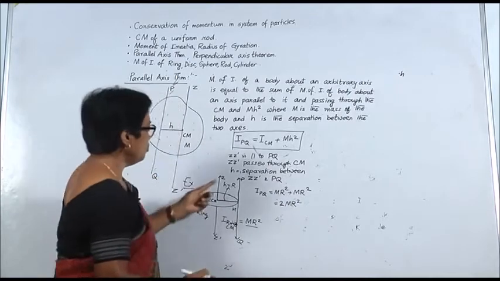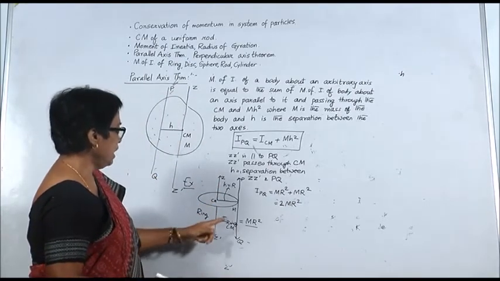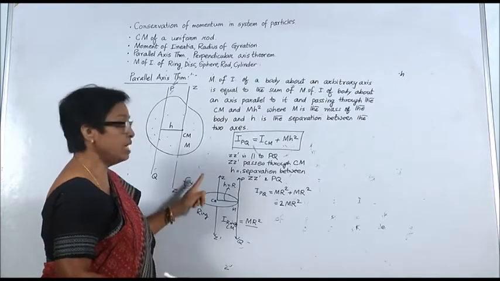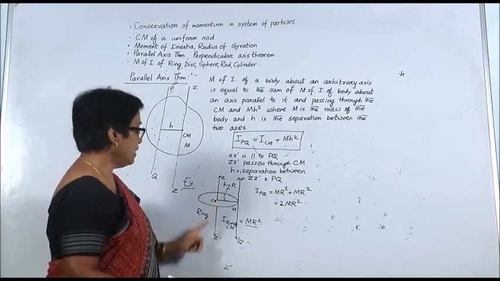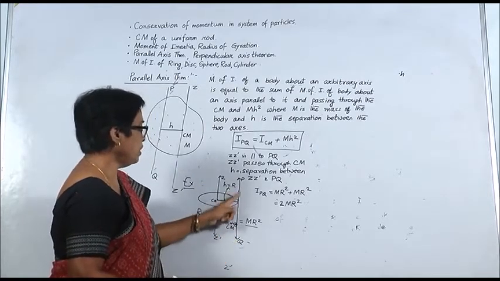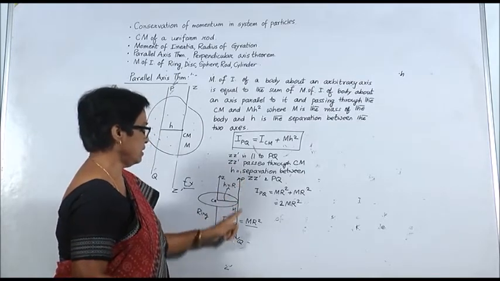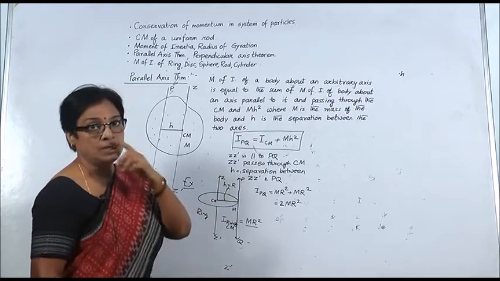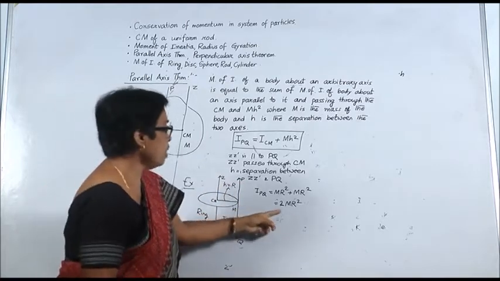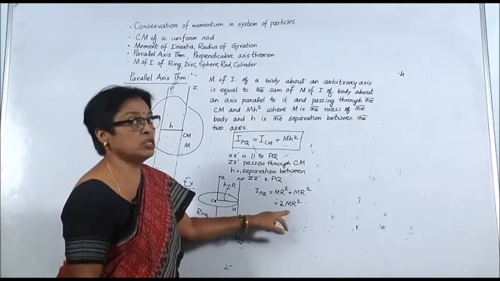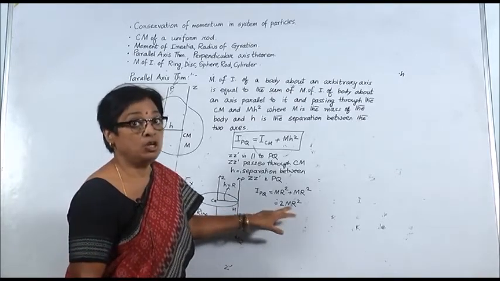So, if you know the moment of inertia of the ring about an axis passing through its center and perpendicular to its plane, then you have found out the moment of inertia of the ring about a tangential axis parallel to that earlier axis. So, it is 2 m r square. So, if the axis is PQ, then the moment of inertia will become 2 m r square, not m r square.